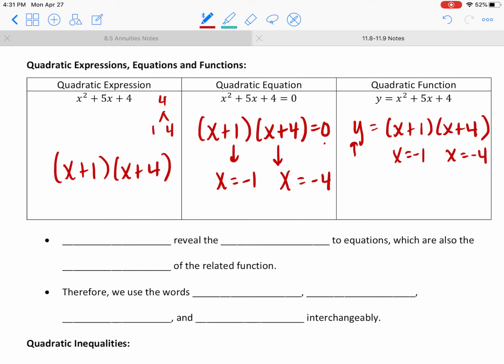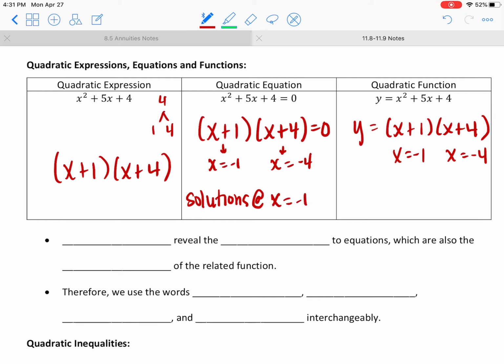Well, if I put this function in factored form, okay, those solutions now, this solution of -1 and this solution of -4, those are only solutions if y is equal to 0. And if y is equal to 0, that means that's where this graph crosses the x-axis. So we have solutions here at x equals -1 and -4, and here, let me rewrite this, I'm sorry guys.